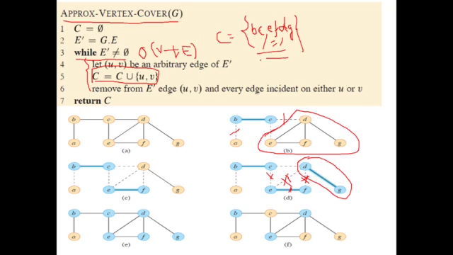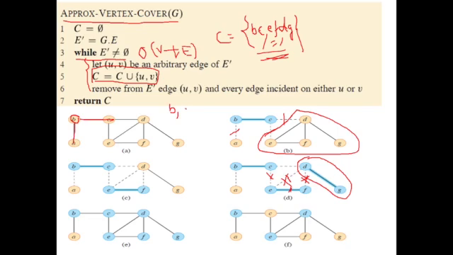But whether it is optimal, it is not optimal. Why? Because the optimal vertex cover from this graph is which one? Let's say B. B means if you pick this one, B is connected to this and this.